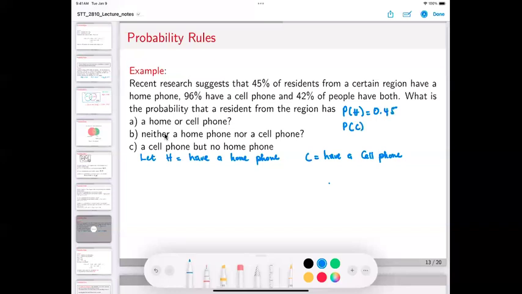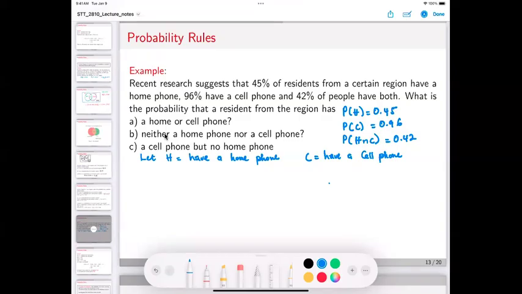Probability of C equals what? 0.96. And then the probability of H and C is equal to what? Those who have both is 0.42. Does that make sense? Okay.